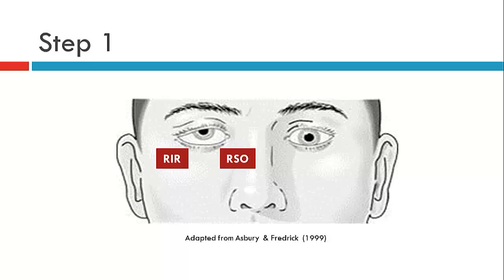However, we need to also consider the possibility that the affected eye is not the right eye, but is the left eye, and the patient is fixing with this eye. If indeed the left eye was the affected eye and is fixing, in order for us to observe a right hyperdeviation as we do here, it would mean that the left eye, when it wasn't fixing, was hypotropic. So imagine if this patient was fixing with the right eye, the right eye would come down, as would the left eye, and we'd see a left hypo.